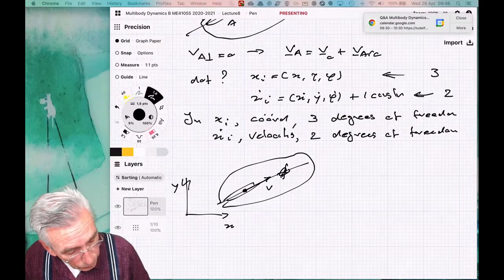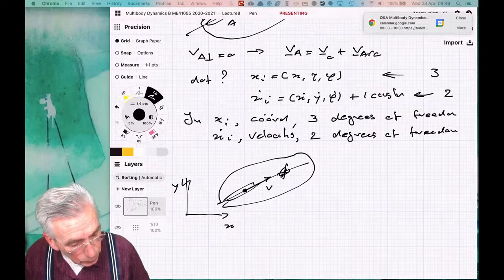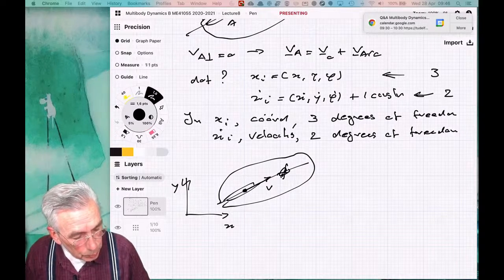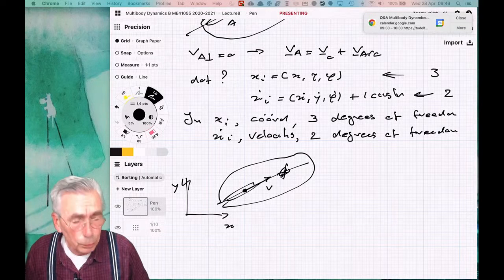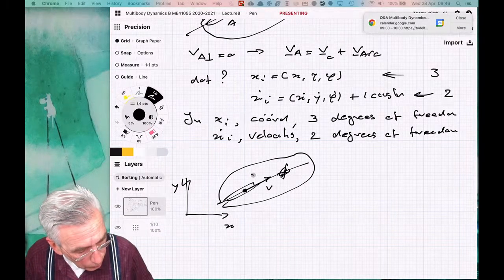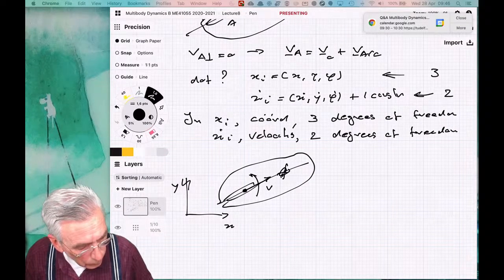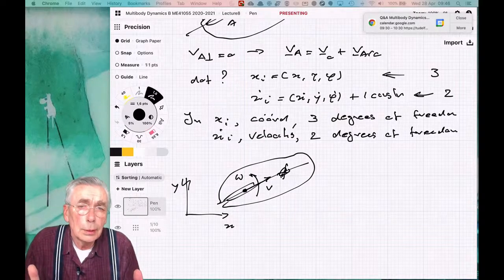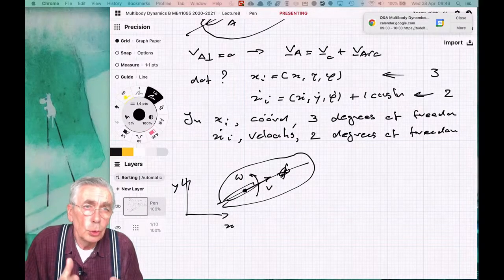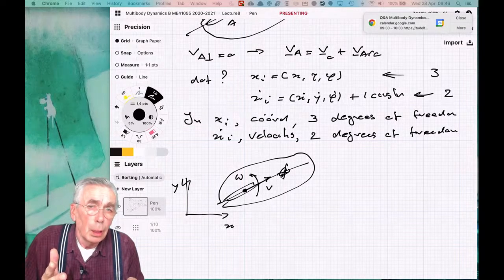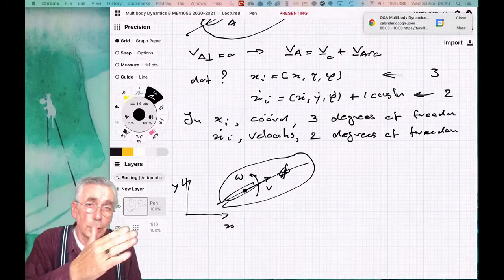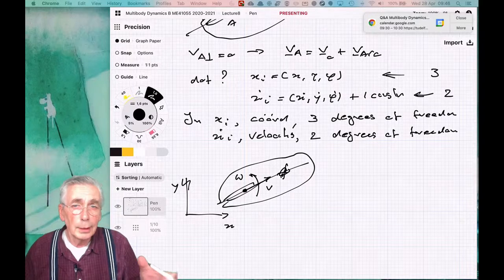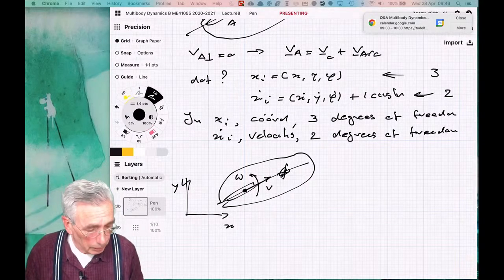Here we already have a velocity which has no lateral component, so this should be the pole of the motion, so we can say there's also an angular velocity, omega. So you could parameterize these two unconstrained velocities with the velocity along the line of the skate and the rotational velocity of the body.